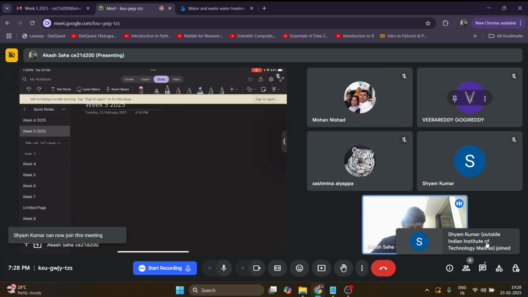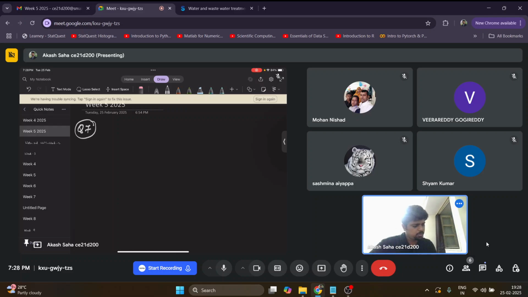So in the question, suppose this is question number 7. Some wastewater is coming with a flow rate of 10,000 meter cube per day, and the BOD of that wastewater is around 150 milligram per liter. It is going into the aeration tank, right?